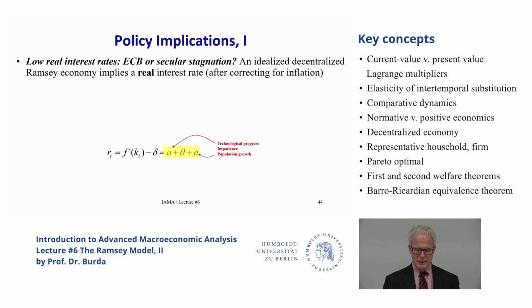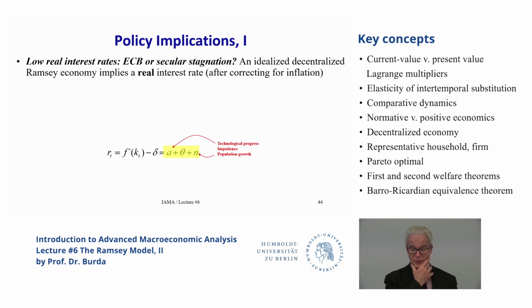Okay, you can imagine in a case where, at least the model can explain very low or even negative real interest rates under certain conditions on these parameters that are in yellow.